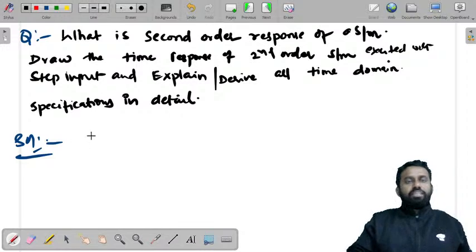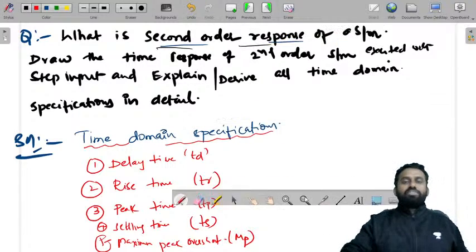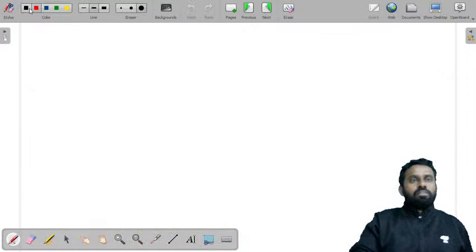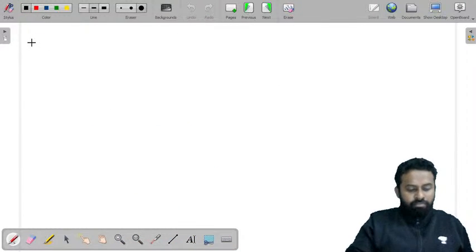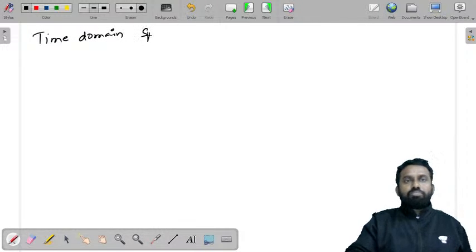First, I'll write all the time domain specifications because we have already done this part. So this question is all about the time domain specifications.